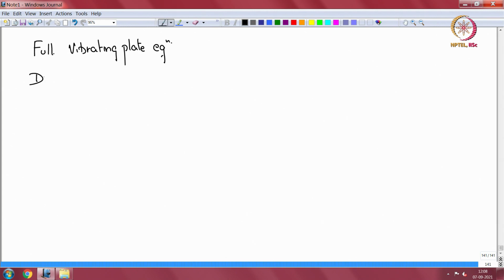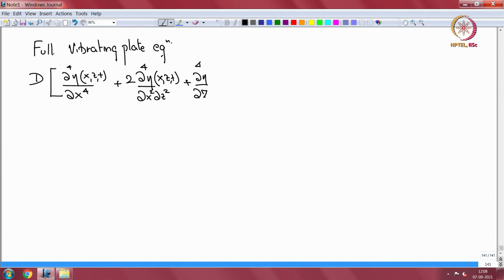It's given by, let's say, D ∂⁴η/∂x⁴ plus twice ∂⁴η/∂x²∂z² plus ∂⁴η/∂z⁴ of η(x, z, t), plus mass per unit area times ∂²η/∂t², equal to 0.